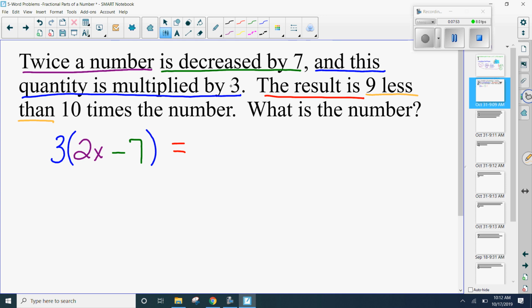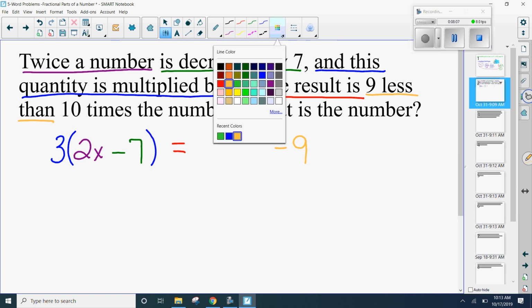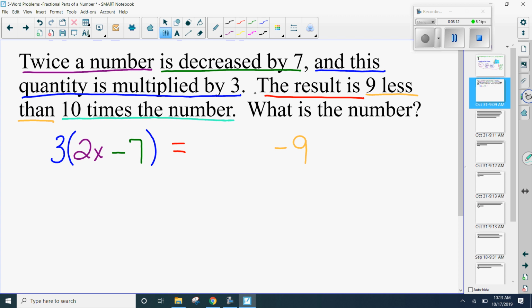So when it says 9 less than or greater than, you want to save a place because you got to take 9 away from something. So 9 less than means I'm going to subtract 9, and I'm going to subtract 9 from what? 10 times the number. What's my number? 10x. X is your number, so I got to take 10 times x.